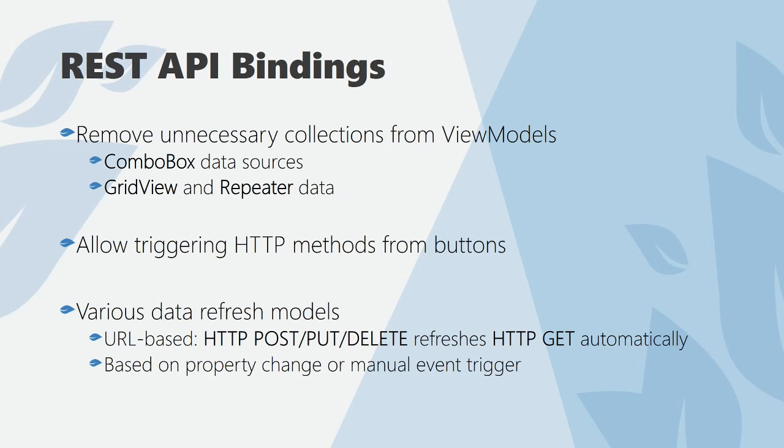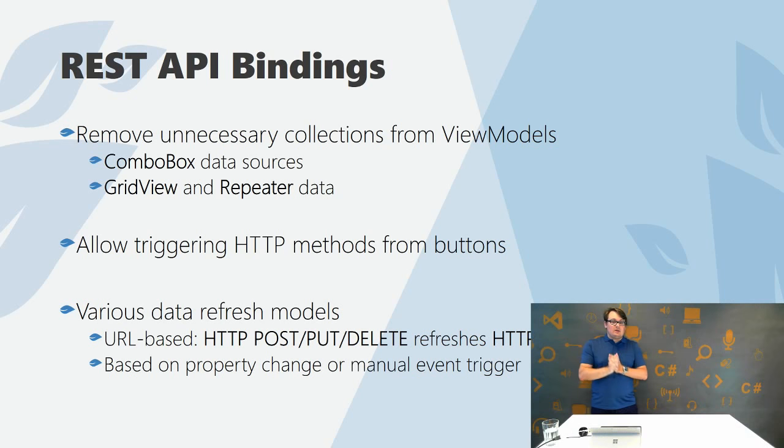And also there are two ways how to refresh this manually when you want. So you can say that you want to refresh this when some view model property changed. So, for example, if you change the date or change the year, that can cause the refresh of some REST API request.